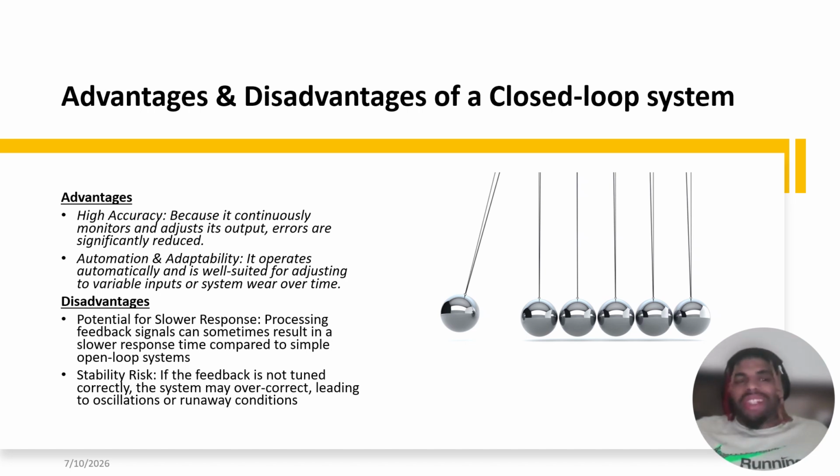Now, our disadvantages: potential for slower response. Processing feedback signals can sometimes result in slower response times compared to simple open loop systems. Another disadvantage would be stability risk. If the feedback is not tuned correctly, the system may overcorrect, leading to oscillation or runaway conditions.